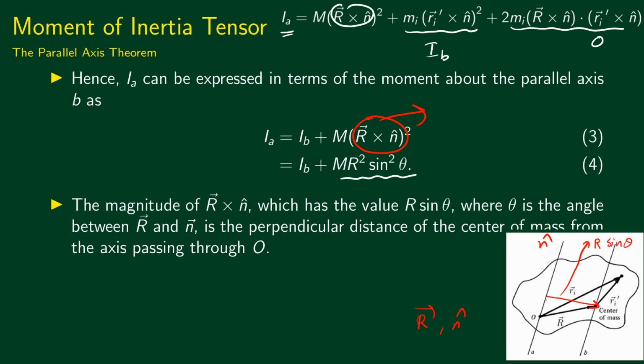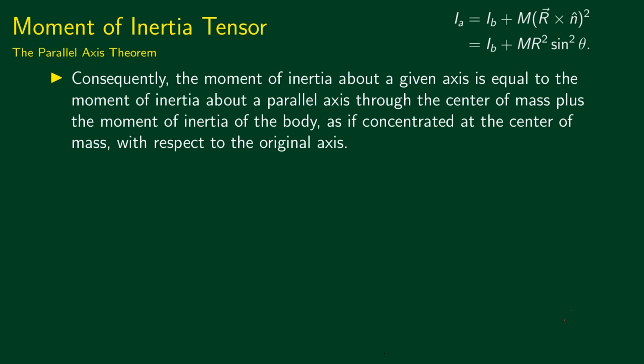So what we have here, the modulus of R cross n hat, is the perpendicular distance of the center of mass from the axis passing through O, or from axis A. So here is the parallel axis theorem.